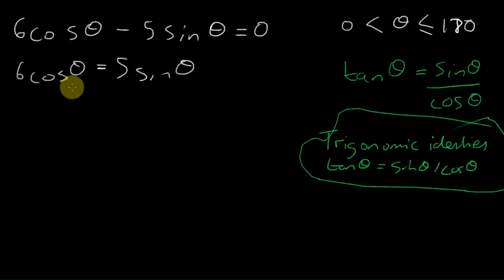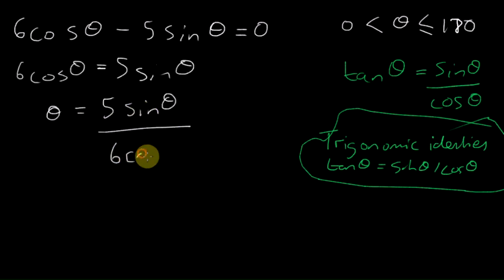Then we're going to get 5 sin theta divided by 6 cos theta, and we just have to recognize that we've got it now in the form of this. So we can now say that 5 sin theta over 6 cos theta is 5 over 6 tan theta. Let's just write that out.